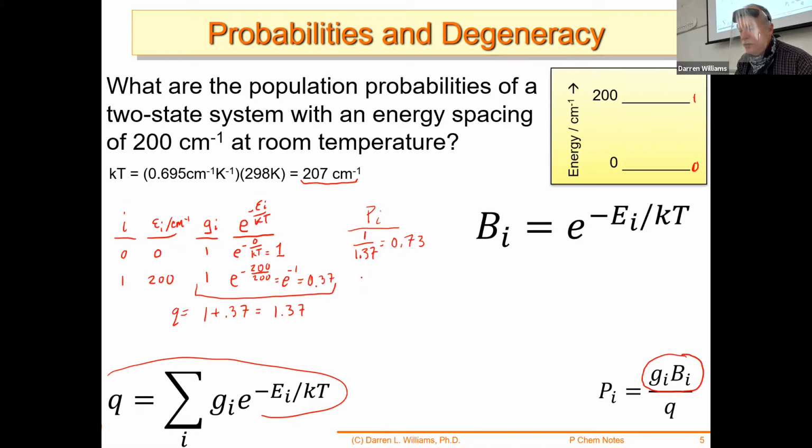And then the next one is 0.37 divided by 1.37. So when you do it in a table format, it's really easy. And this should be 0.73, yeah, and this should be 0.27.